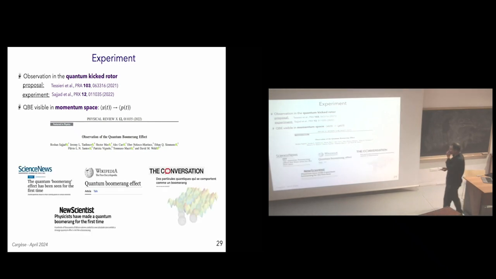And this effect actually pleased a lot the broad audience journalists, as we discovered actually after the experiment, because many of these articles popped up on the web. Even someone put a reference on Wikipedia, which is actually pretty accurate. So if you want to have a description, you can look at it.